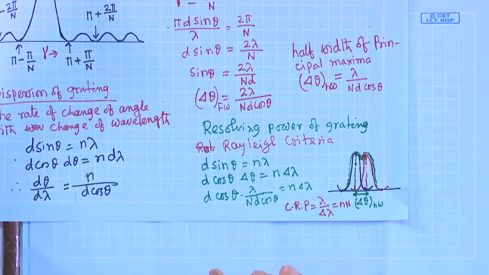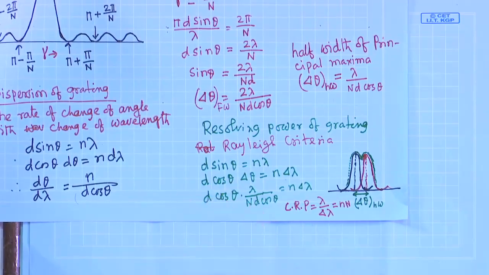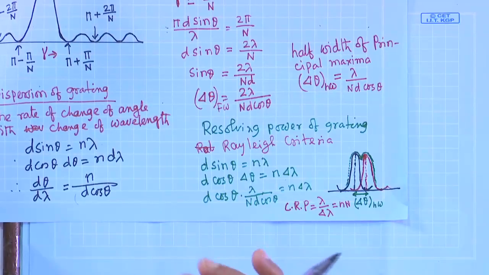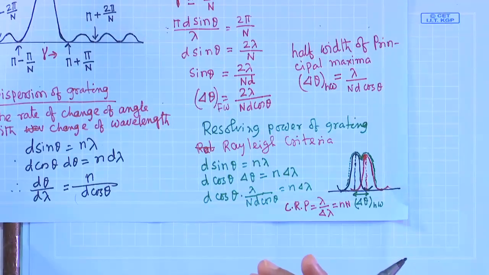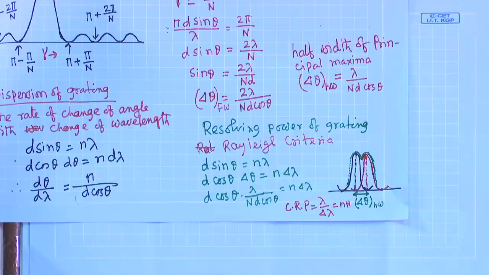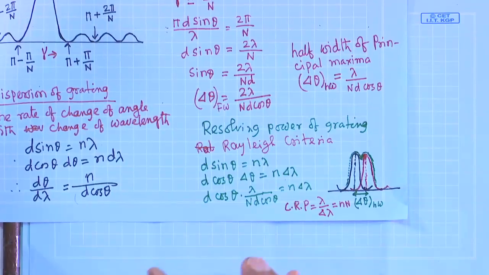Now, these two principal maxima of the same order, say first order, for wavelength lambda and wavelength lambda plus del lambda: do these two peaks coincide with each other, or can we see them separately?